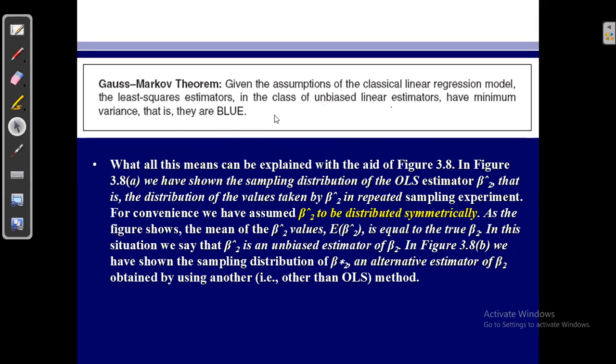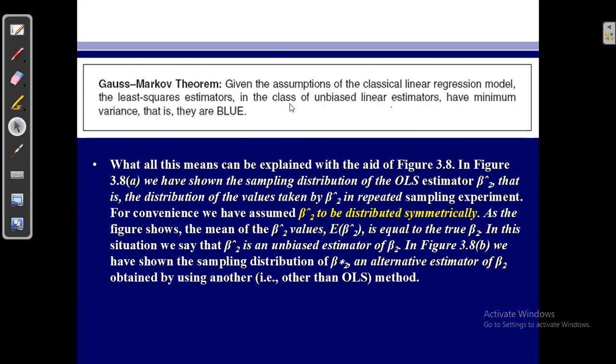And best, which refers to the minimum variance property, it is actually saying that if you obtain estimators of your parameters by any other method other than OLS, and suppose that those estimators also possess the other two properties, like they are also unbiased and they are also linear, but OLS estimators would still be preferred because the variance of the OLS estimators would be the minimum of all, right?